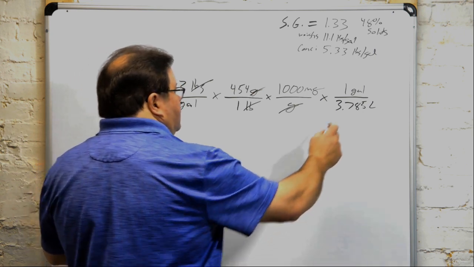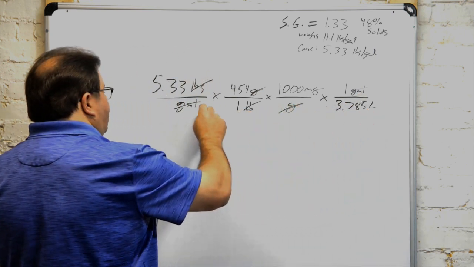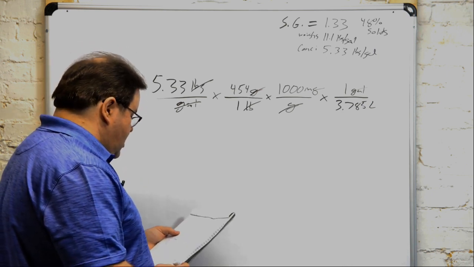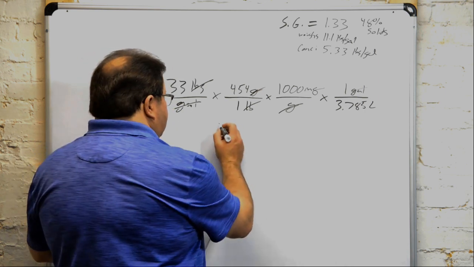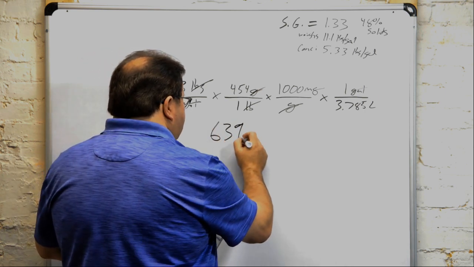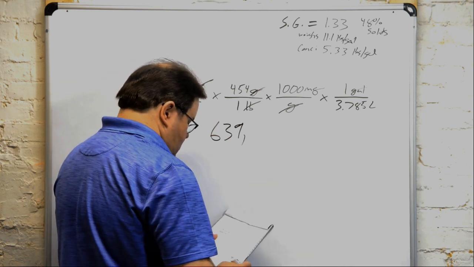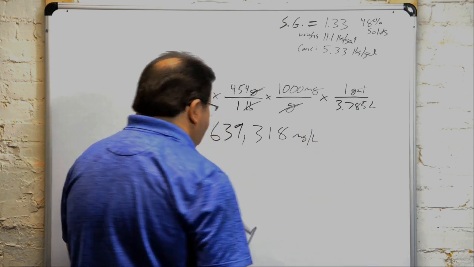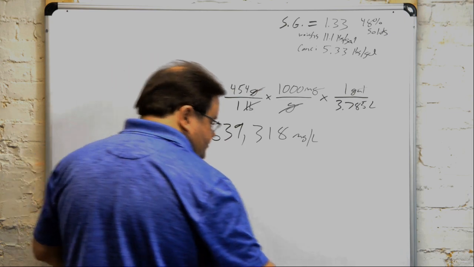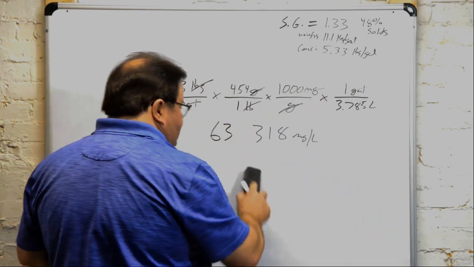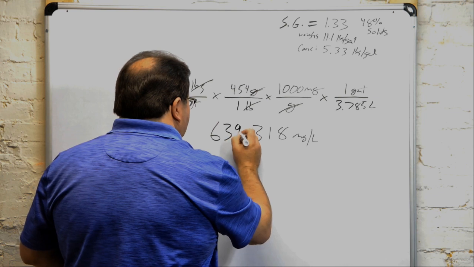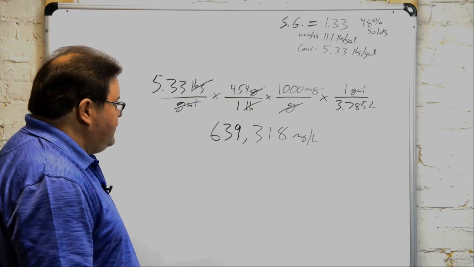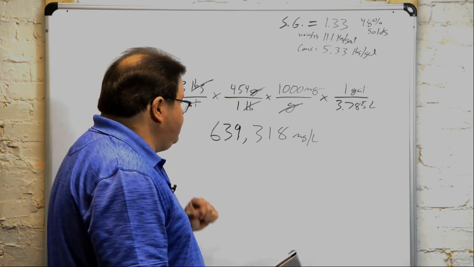So our gallons are going to cross out there. Our end result here is 639,318 milligrams per liter. So here's our concentration. This is the concentration of our bulk solution: 639,318 milligrams per liter. That's a pretty highly concentrated solution.